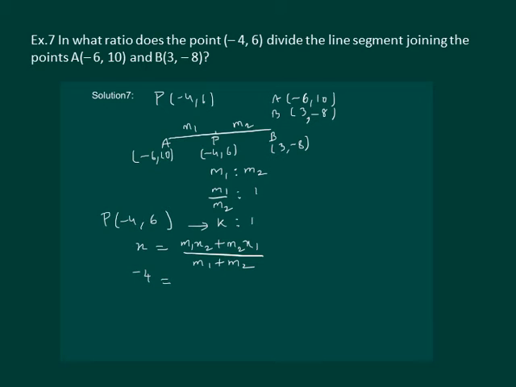So we have k into x2, the x coordinate of point B, that is 3. Now m2 is 1 and x1 is the x coordinate of point A, whole by k plus 1. Let us cross multiply and solve this further.